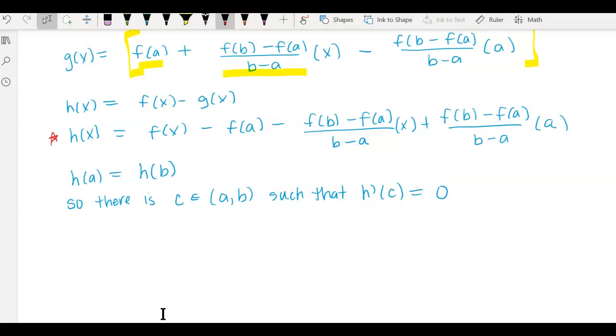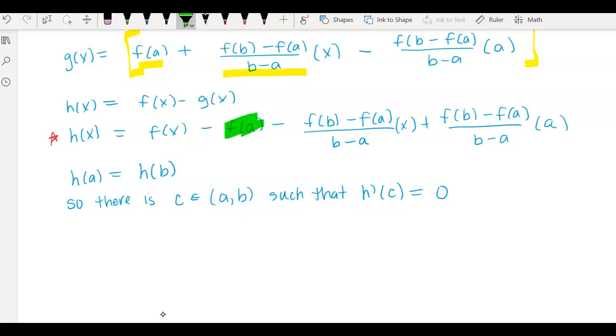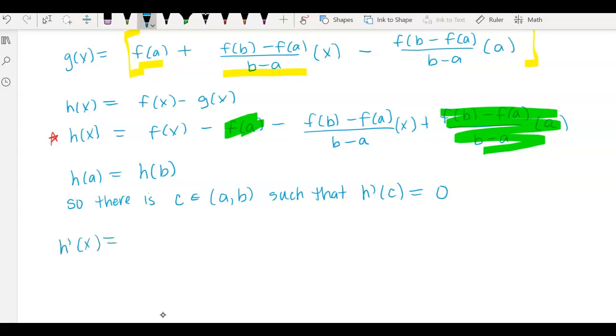So this is just a number right here. So when I take its derivative, it goes to 0. Similarly, this is just a number. So when I take its derivative, it's also going to go to 0. So let's see, h prime of x is equal to, right here, we'll have f prime of x.